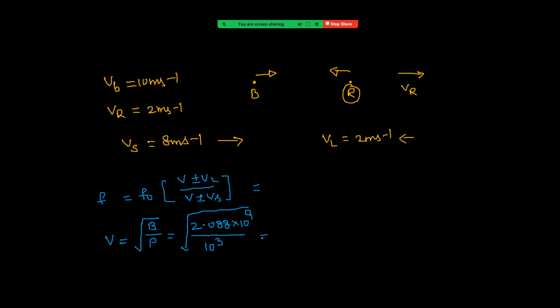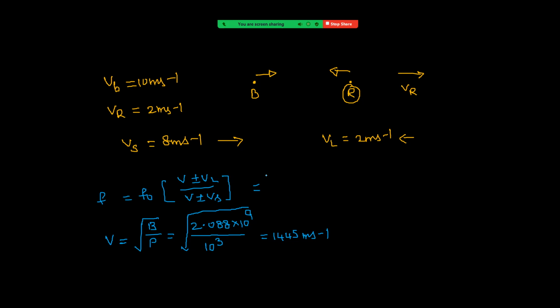So from this we are going to get the speed of sound in the river medium. That value comes out to be 1445 meter per second. And remember, this is the velocity of sound with respect to the river. Okay. Now substitute this value in the above relation.